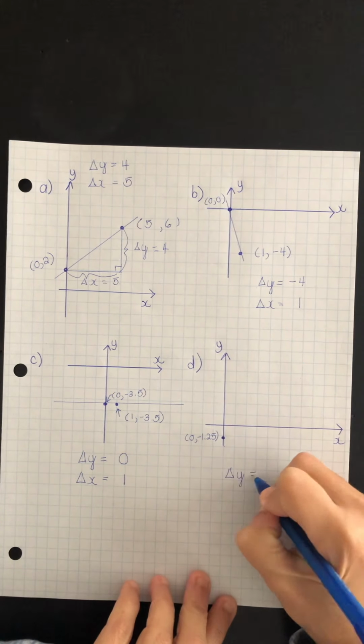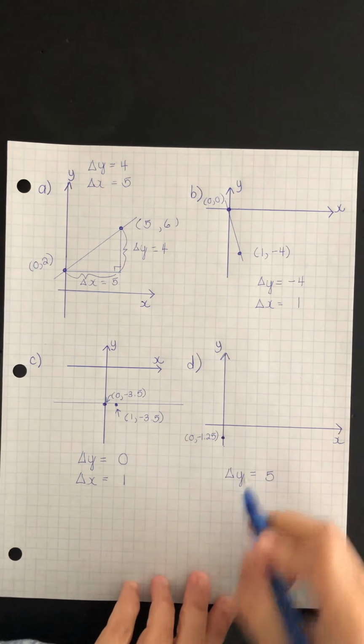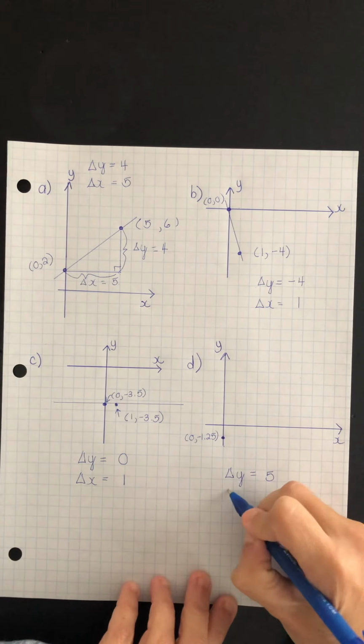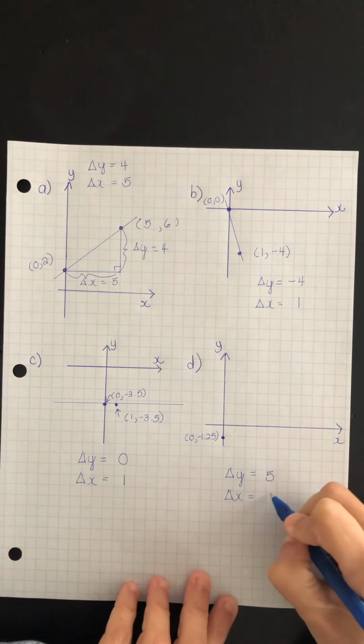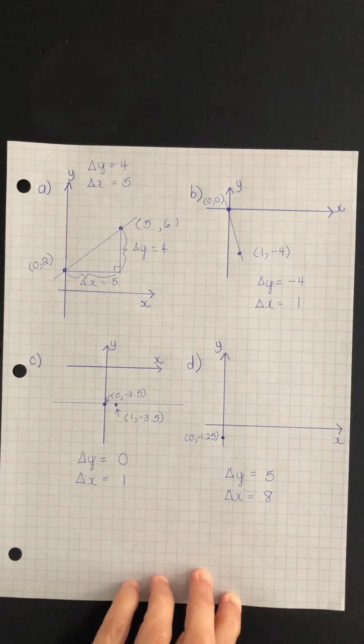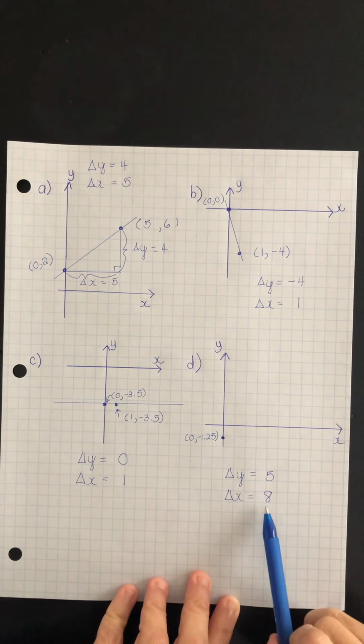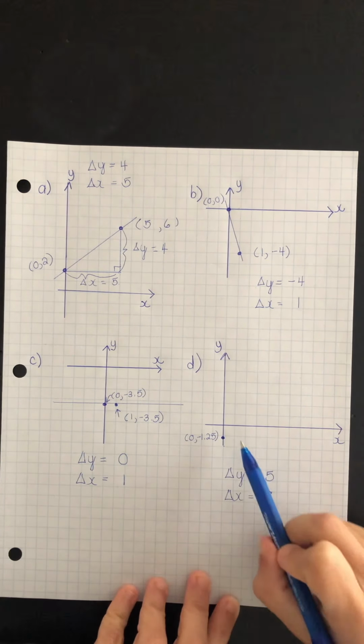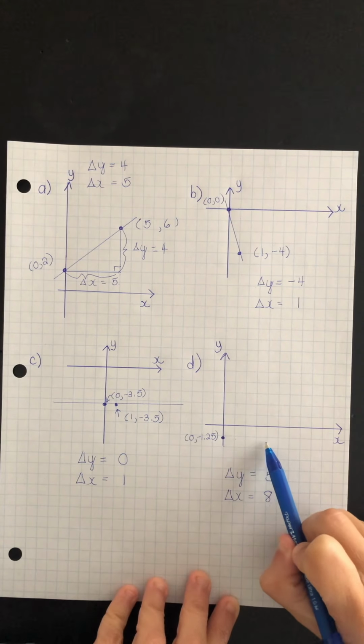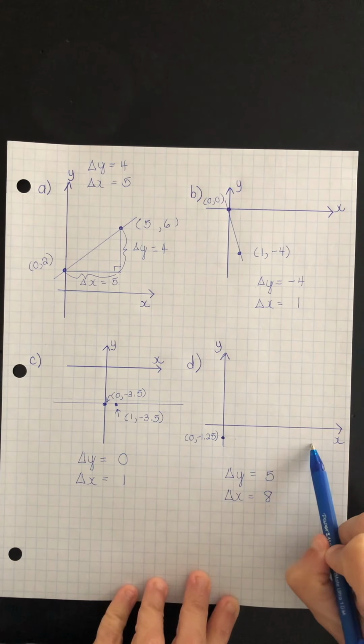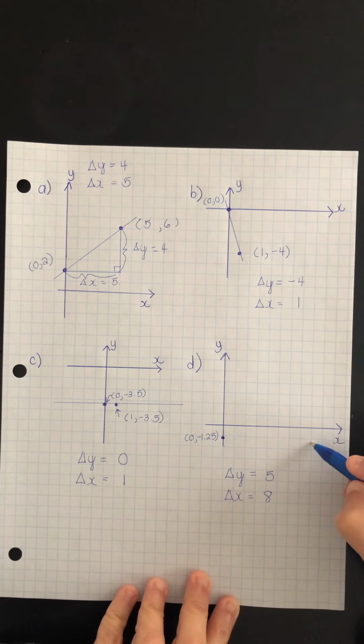The numerator was 5, so the change in y will be 5, while the denominator was 8, so the change in x will be 8. So we're going to go 8 to the right and 5 up. So 8 to the right, 1, 2, 3, 4, 5, 6, 7, 8, and then 5 up from negative 1.25. Okay, so what you're doing is you're adding 5 to negative 1.25.